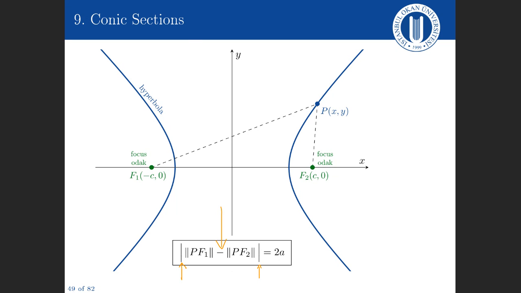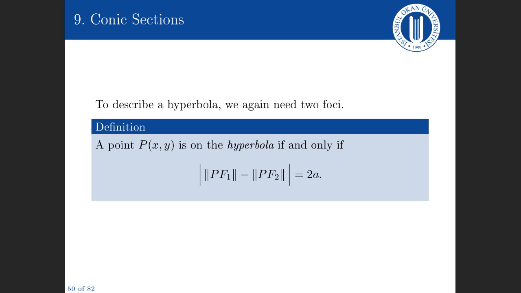The rule for a hyperbola is that the absolute value of the difference between the distance from P to F1 and the distance from P to F2 is always the same number. It's always equal to 2a. And as before, the vertices are minus a and a.